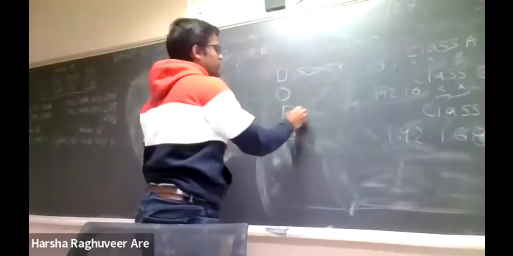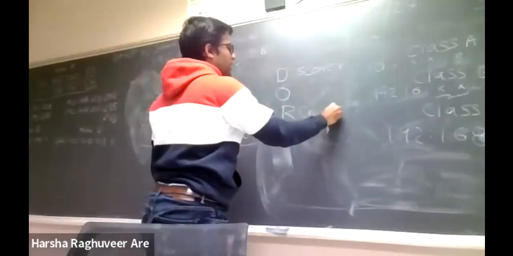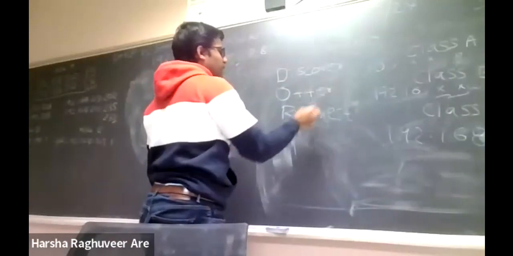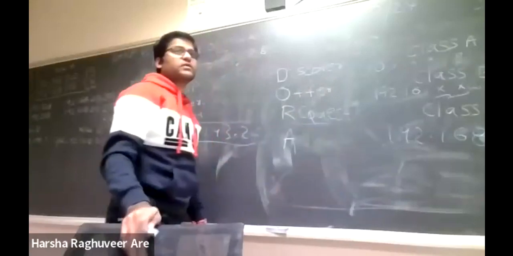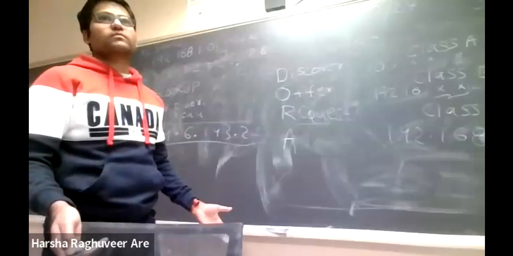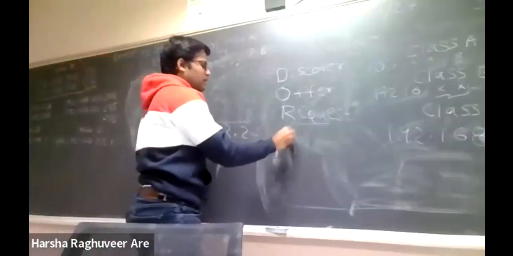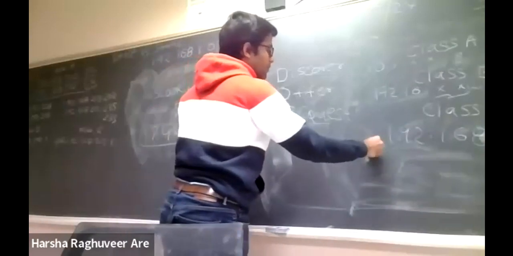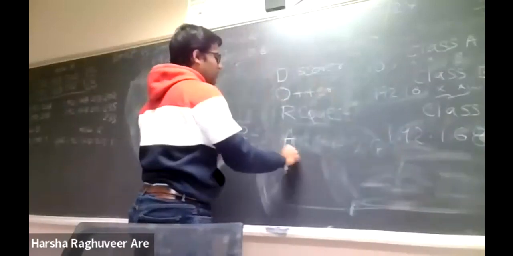And then you will request, right? Of course, offer. Your mom will offer you food based on whatever you request. So what are you requesting? Food. Then you acknowledge or accept whatever it is. This process is called DORA, okay?